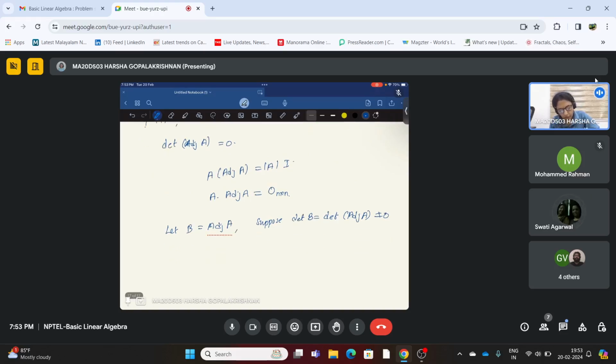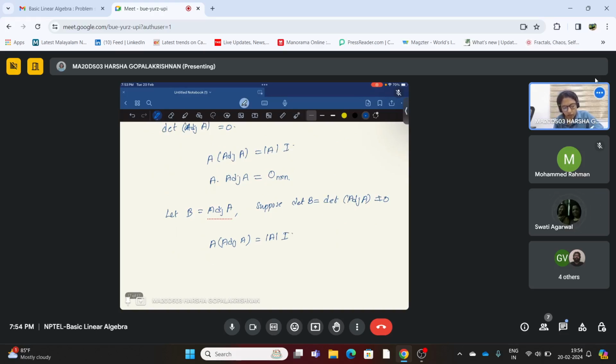Now we have A into adjoint of A equal to determinant of A into identity. Replacing adjoint of A with B, that is determinant of A into identity. Since determinant of B is non-zero, it is invertible and the inverse exists.